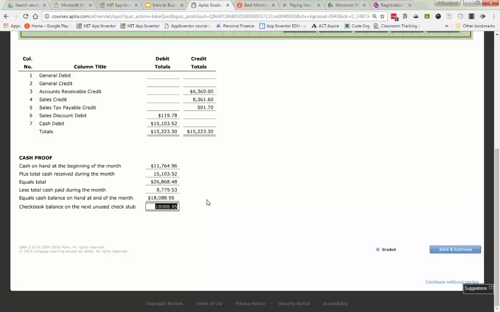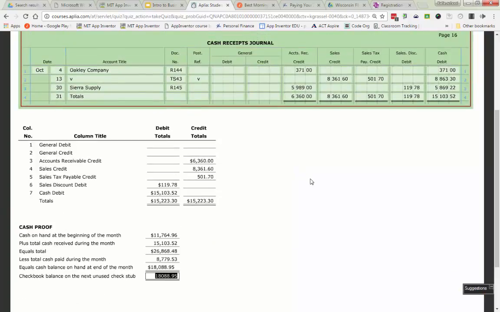Your journal can prove, but your cash could be off very, very easily. So we always need to prove our debits and credits, and we also need to prove our cash. So for example, for Sierra Supply, I could have not recorded my discount and put in that $5,098 there.